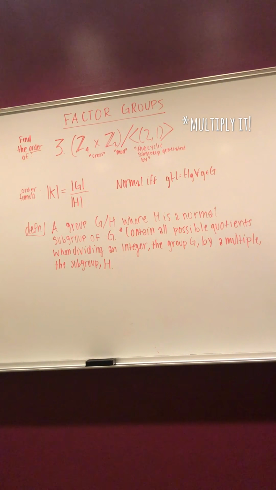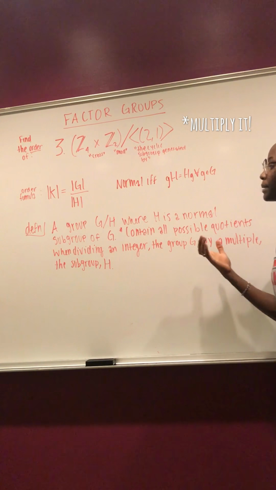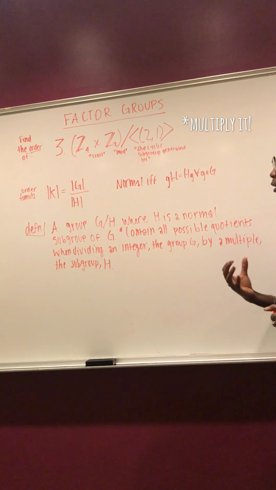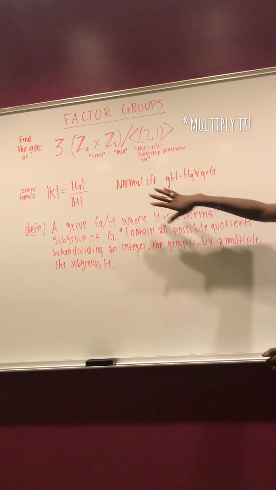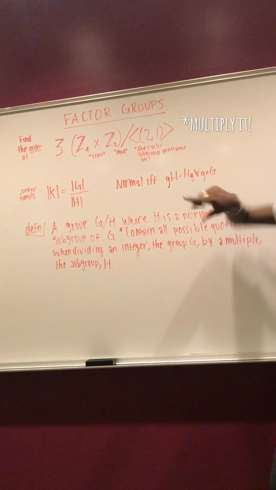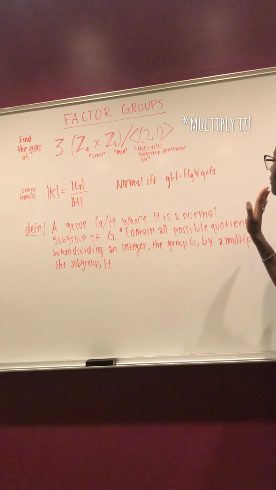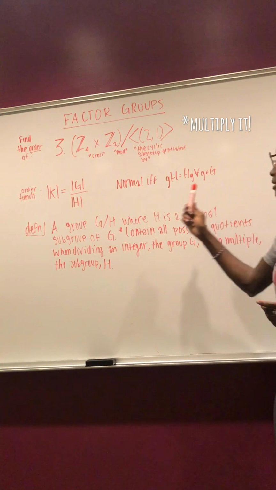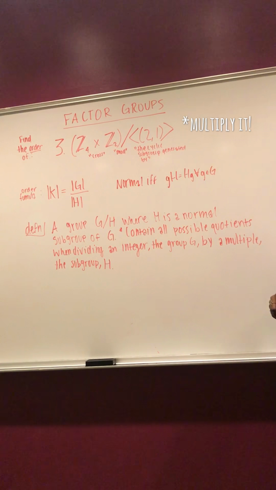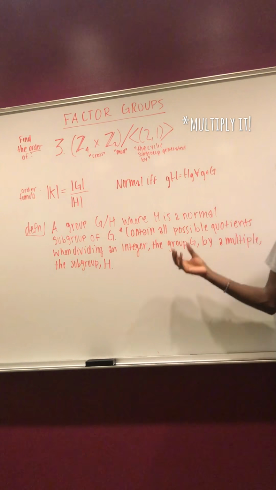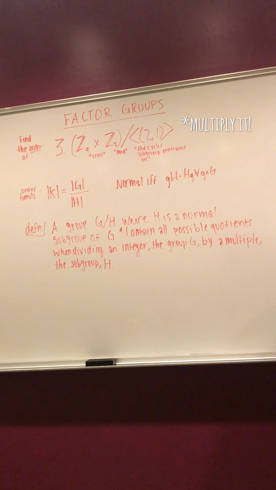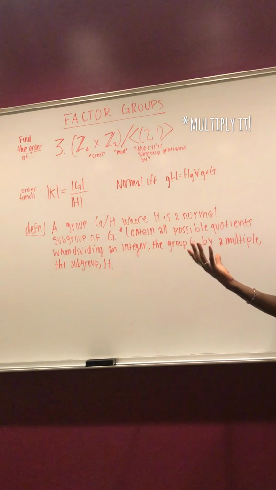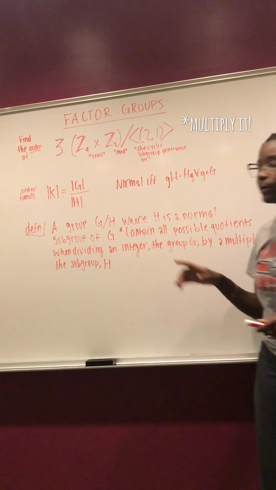So we're going to end with my simpler definition of a group, which is a group G mod H, where H is a normal subgroup of G, and we have normal defined here as normal if and only if GH equals HG for all g of the group G. And my little addition to that is that this subgroup contains all possible quotients when dividing an integer, the group G is our integer, by a multiple, the subgroup H.